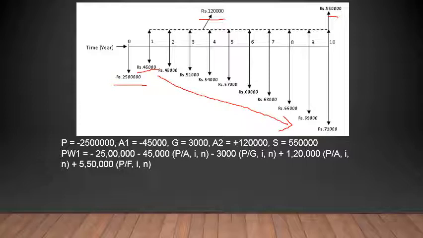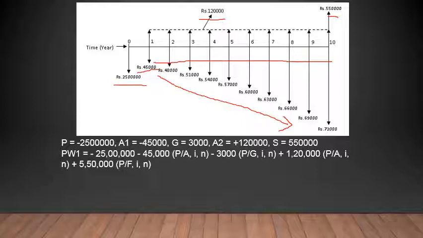Next, 45,000, P by A, I, N. What is this 45,000? See, this 45,000 is uniform throughout. Every year this 45,000 is constant, right?